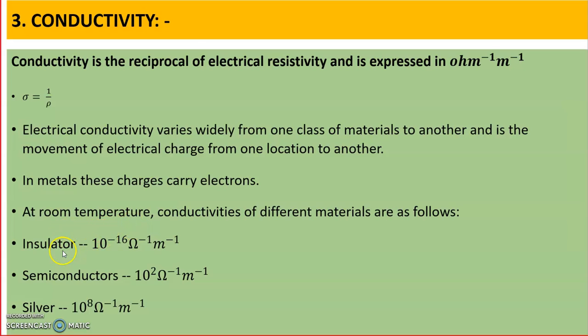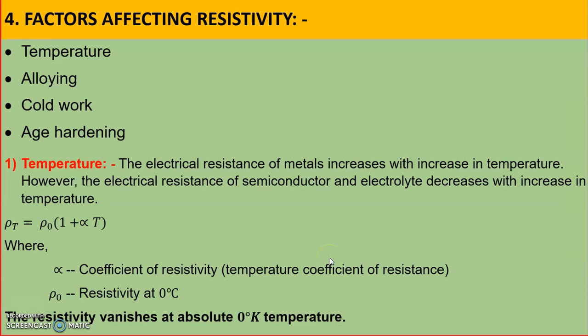So at room temperature, conductivity of insulator is 10 raised to minus 16. Semiconductor is 10 raised to 2 and then silver is 10 raised to 8. So whose conductivity is higher? Semiconductor, insulator or silver? You can just say silver is 10 raised to 8. So you can say silver's conductivity is higher.